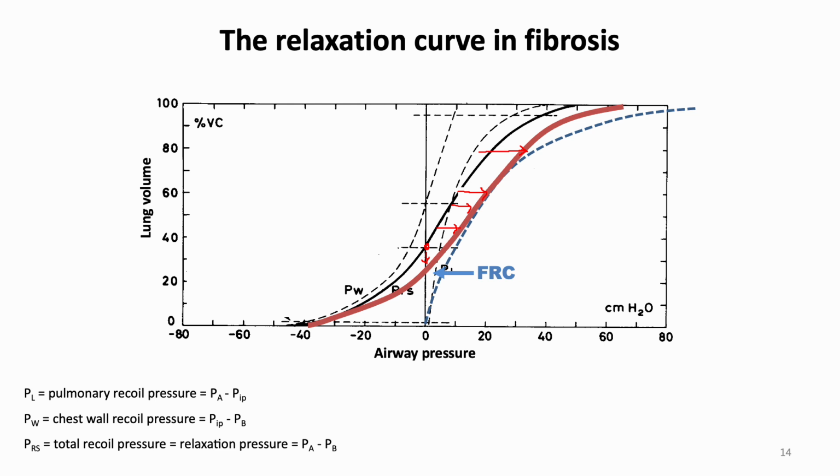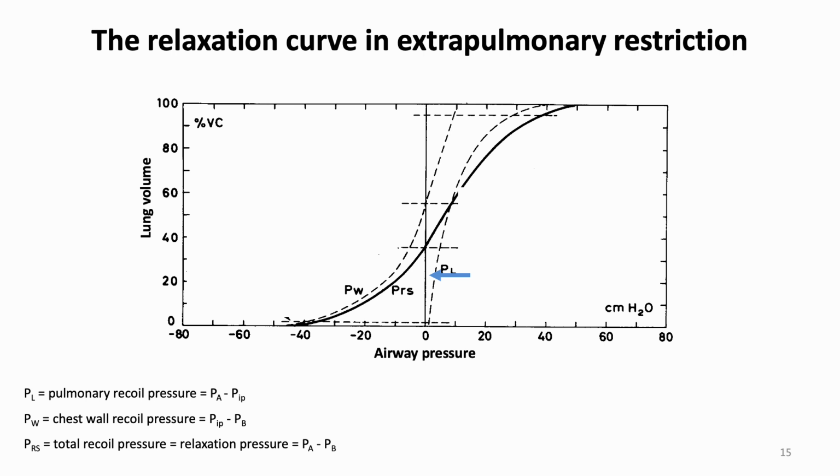So this illustrates how a reduction in pulmonary compliance causes a reduction in functional residual capacity as a fraction of vital capacity, and as a consequence also a concomitant reduction in total lung capacity, which we see in restrictive lung diseases. Now, this is an example of pulmonary restrictive lung disease. Let's see what the story is in extrapulmonary restriction.